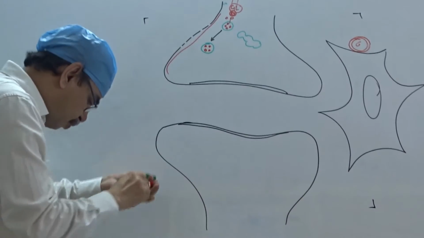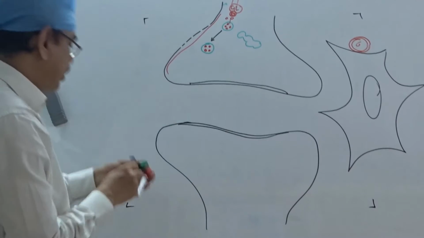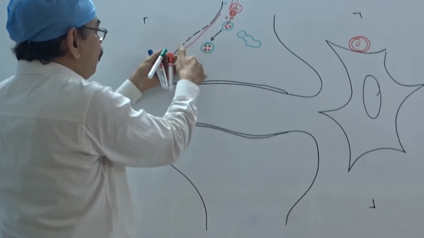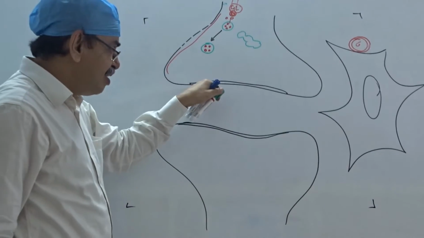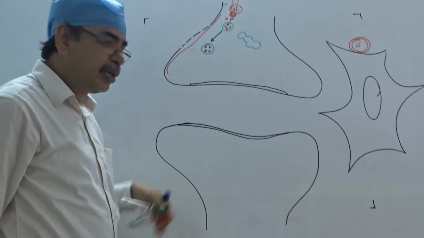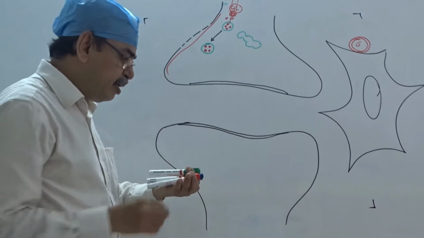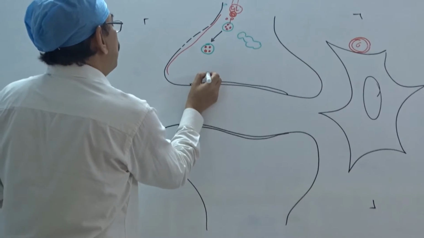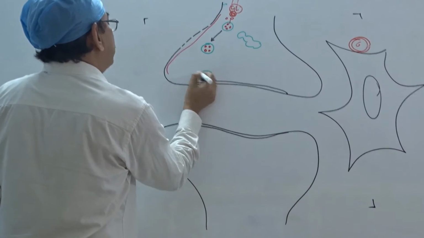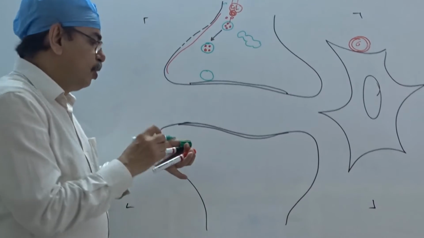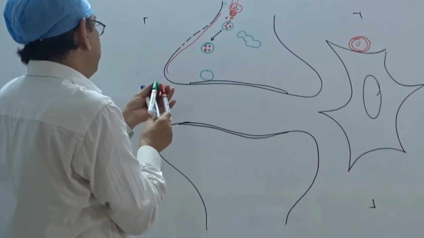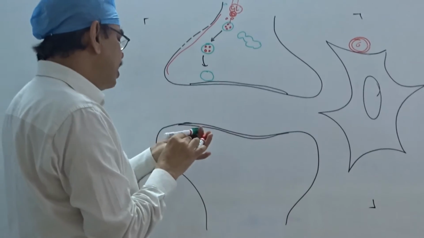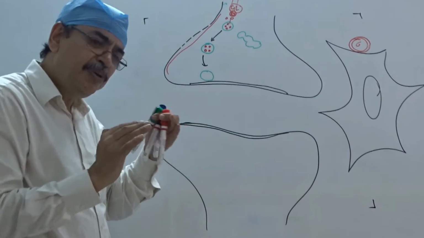Now these clear vesicles will be moved towards the first order presynaptic membrane, and this movement is typically called docking. So it is docked.